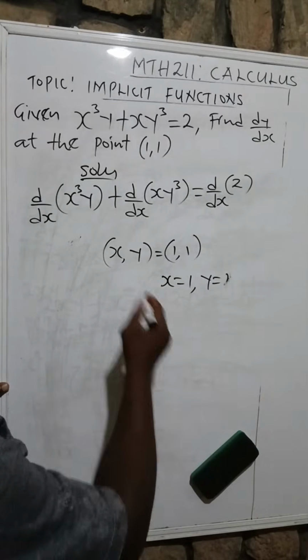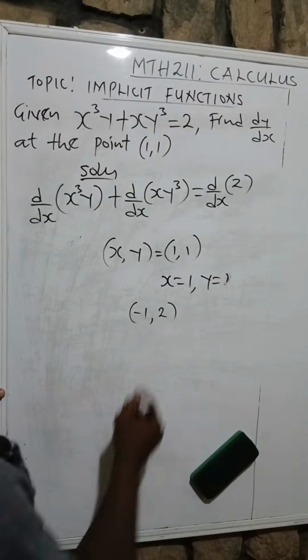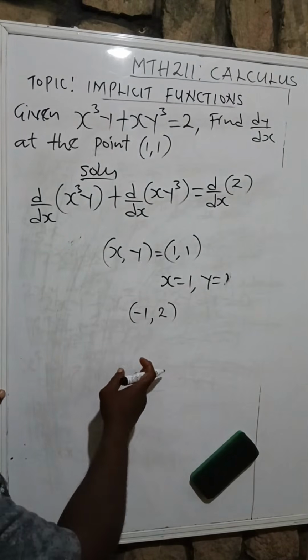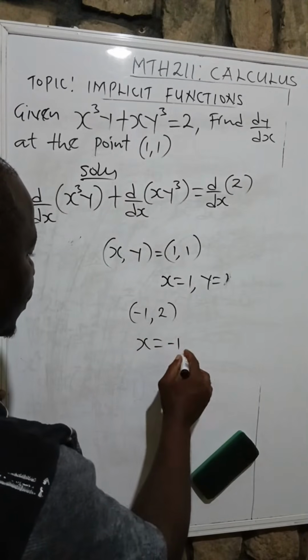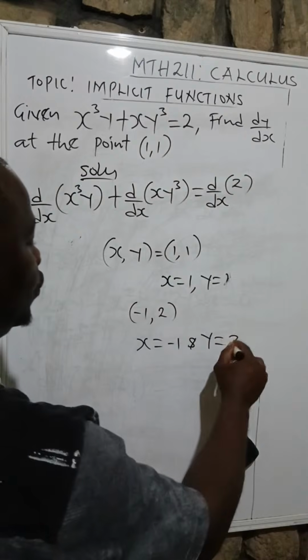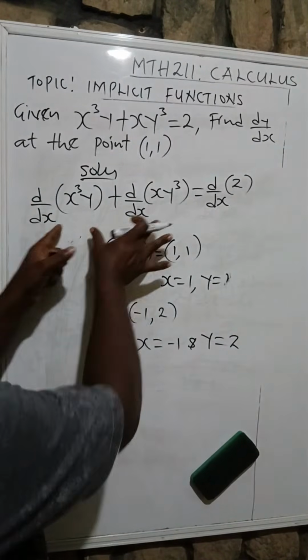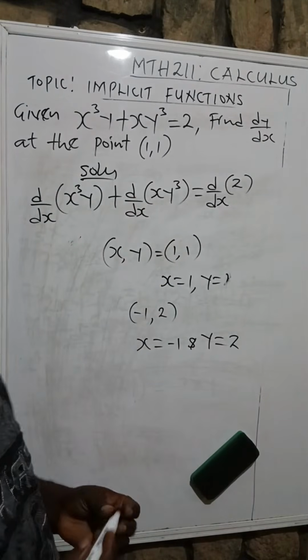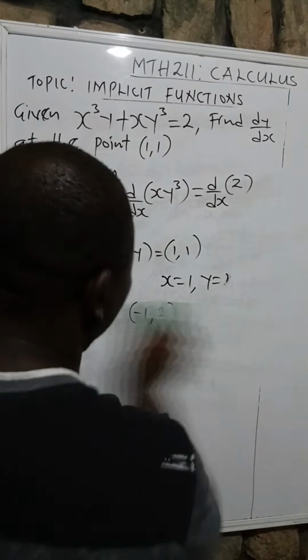But if you were given the point -1, 2, it means x is -1 and y is 2. Take note. Before we make use of this, we have to differentiate first so that we can find the gradient.